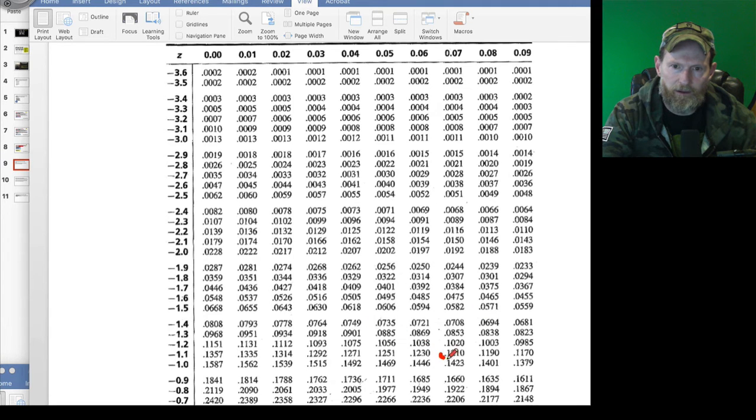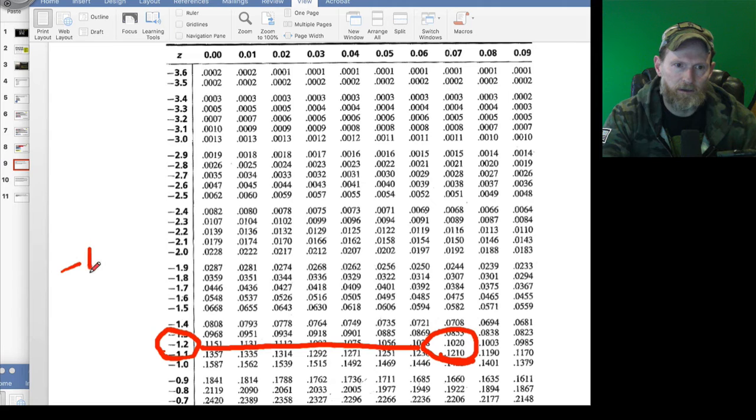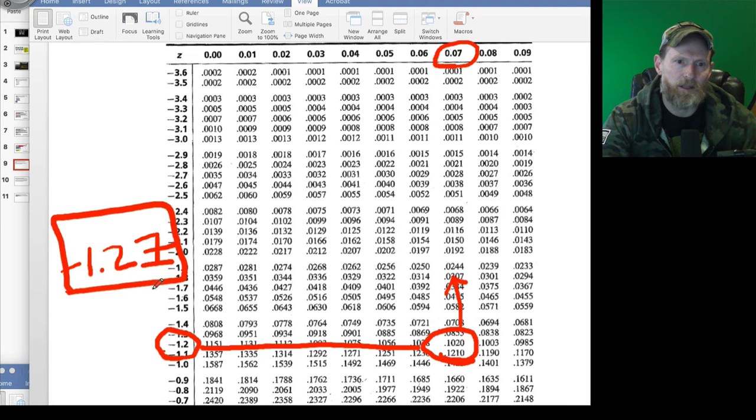And there it is. So from there, I'm going to go here first to find that negative 1.2, and then I need that hundredths place, so I'm going to go up, and that is 7. So I'm going to put that 7 there. So my z value is negative 1.27.